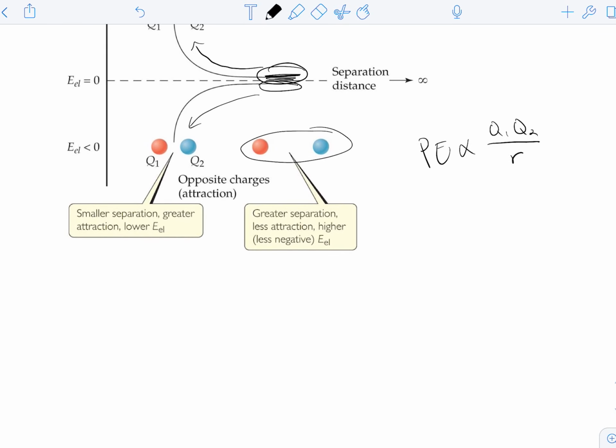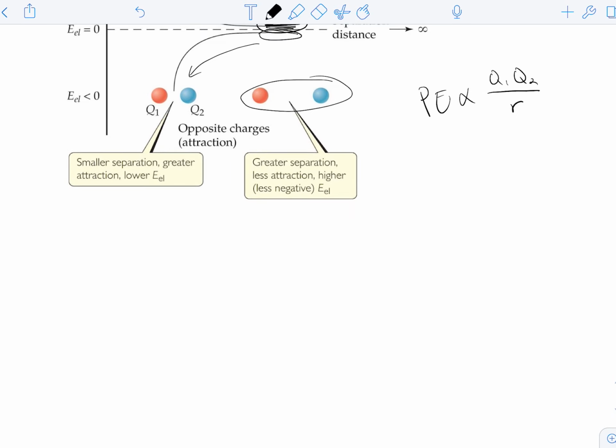Okay, so we are talking about charges. So what type of things are going to have charges? What is going to look at electrostatic potential energy? And of course, within chemistry, we think, hopefully first, protons and electrons. So both protons and electrons have charges.